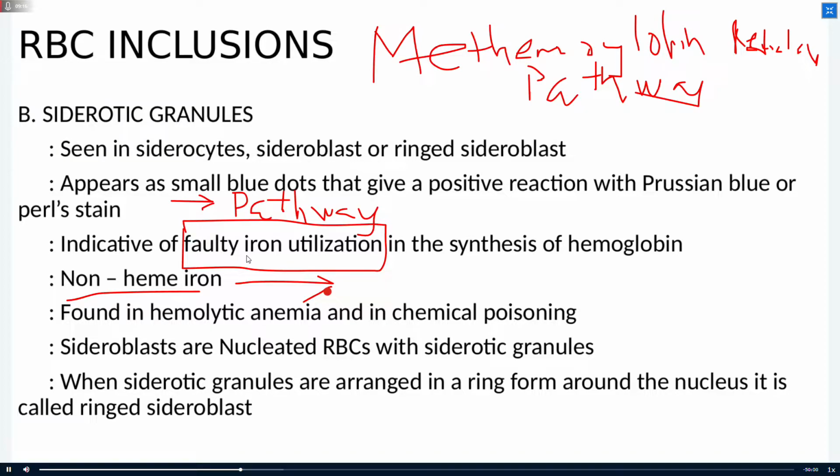Pero walang killing. So what do you call the non-heme iron, class?